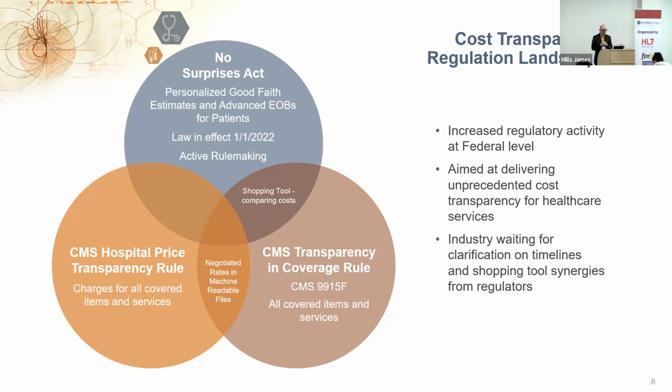And I mentioned the hospital one and the transparency and coverage rule as well. But the idea is that we can't really have an informed patient if, one, they don't have access to their clinical data, and two, access to cost and price and charges, because otherwise it's not really a true market.